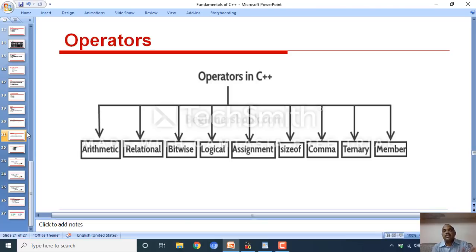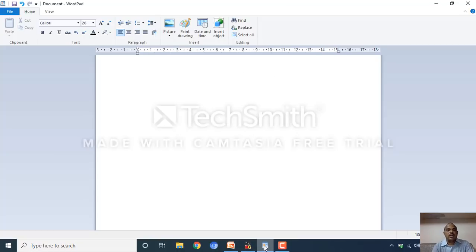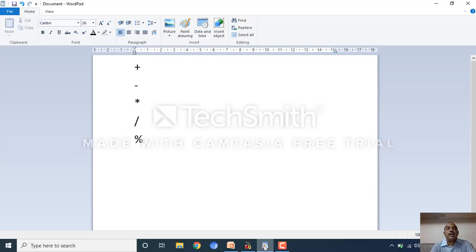These operators are also extracted from C language. What are the arithmetic operators? Simply plus, minus, asterisk, slash, percent, etc. Here plus is used to add two integers.